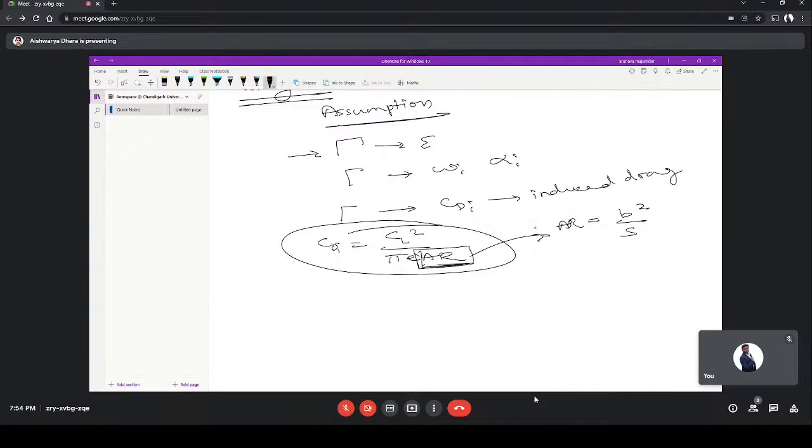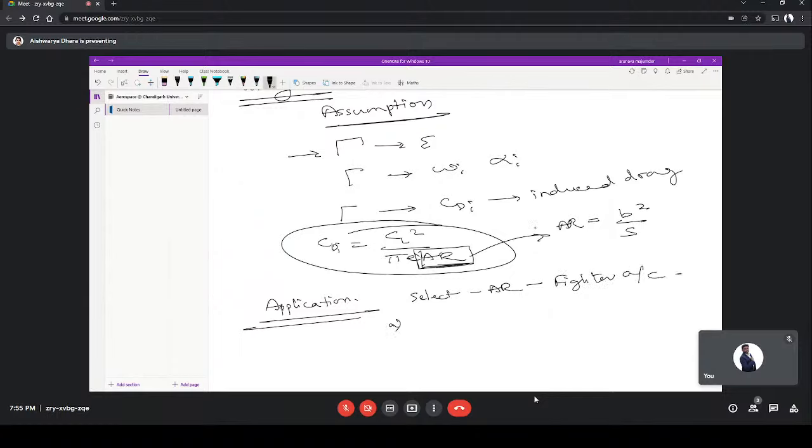Fine. Now coming to a practical or application based question, right? You are being asked to select the aspect ratio for a fighter aircraft.